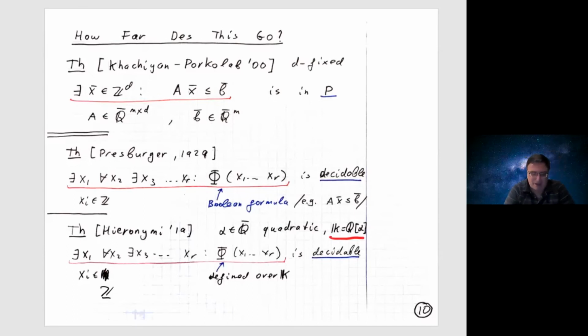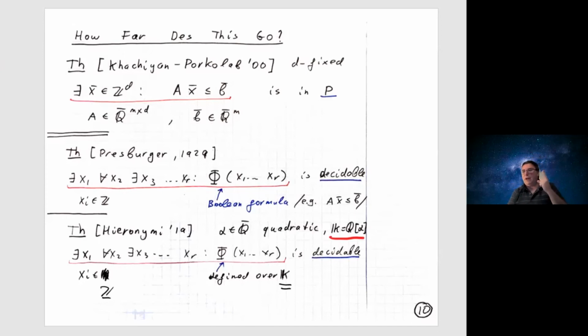So my x_i's are integers. However, my inequalities are defined over the field which is obtained by adding some quadratic irrational.